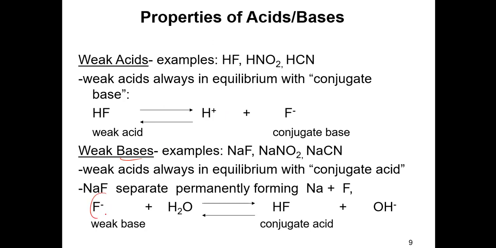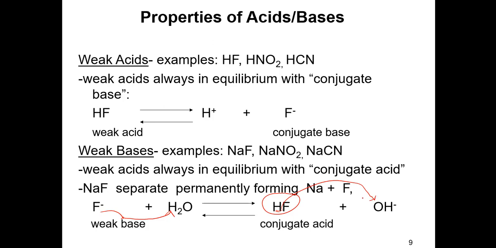Here's a weak base. If we started off with a fluoride by itself, from sodium fluoride, the sodium disappears, leaving the fluoride ion. Because this is our starting species, there's the base. It picks off the hydrogen from water, and then forms hydrogen fluoride. Now, it likes to change its mind, and it's going to give off the hydrogen back to the former water.